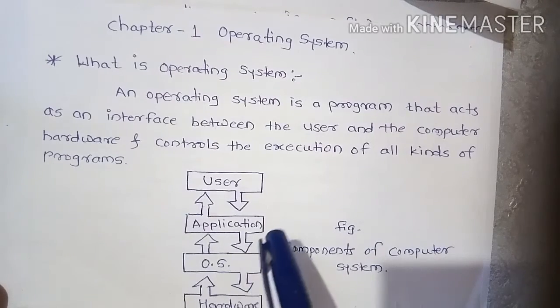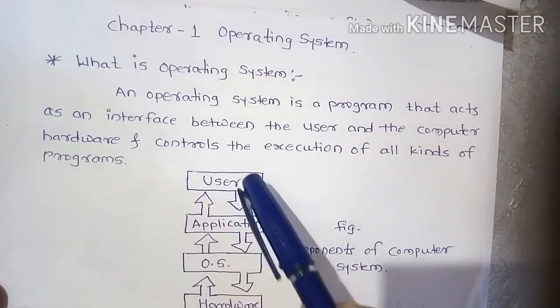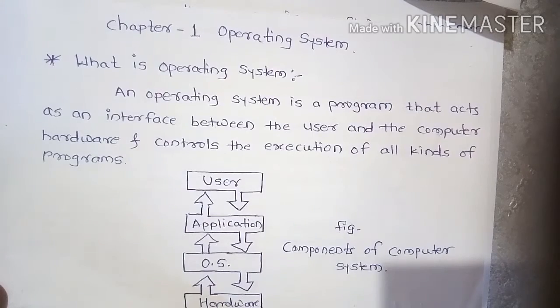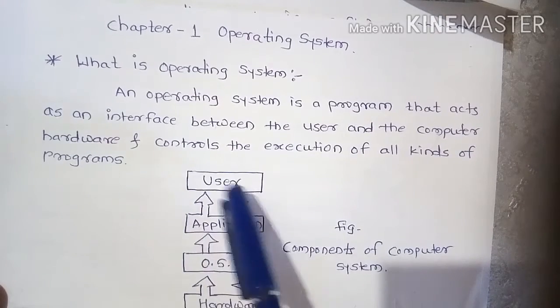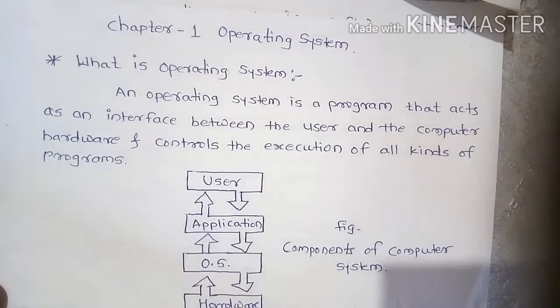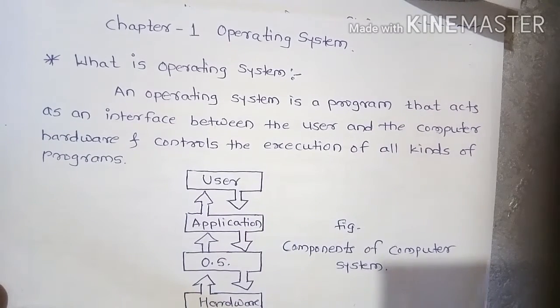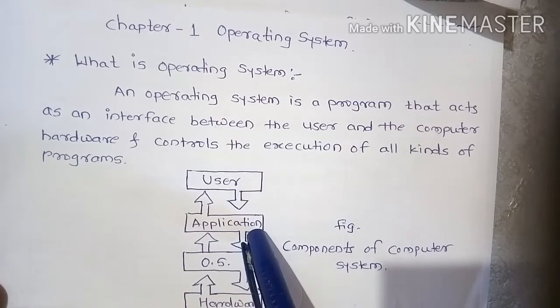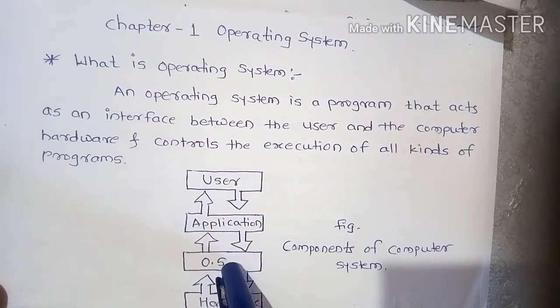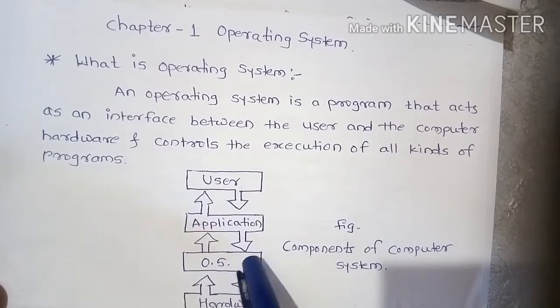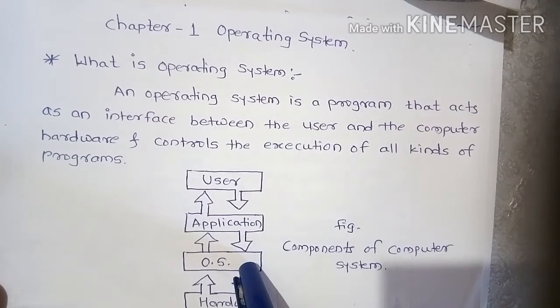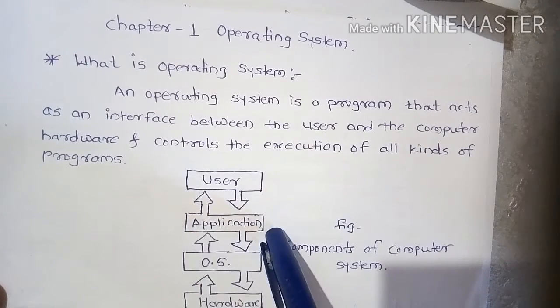The operating system is an interface between user and hardware. These are the four components of the computer system: user, application, operating system, and hardware. Each application communicates with the user through the operating system, and the operating system also handles all the hardware and applications.